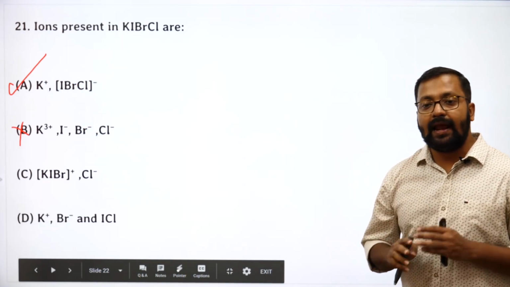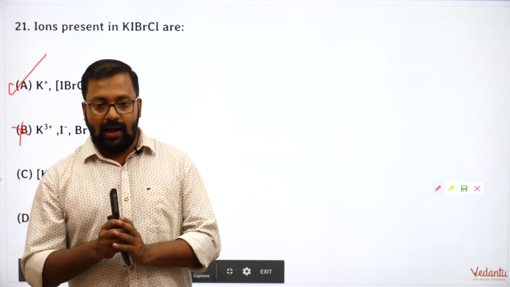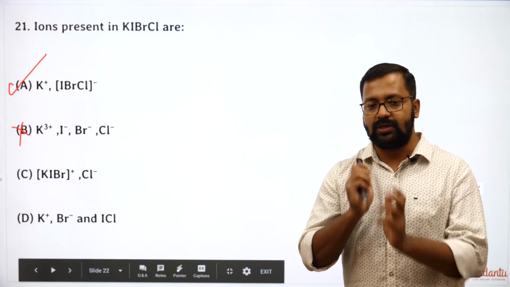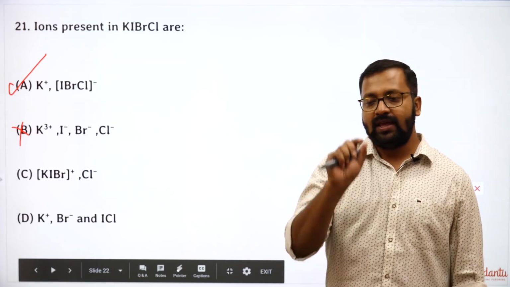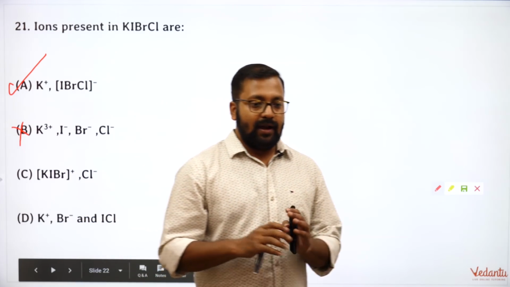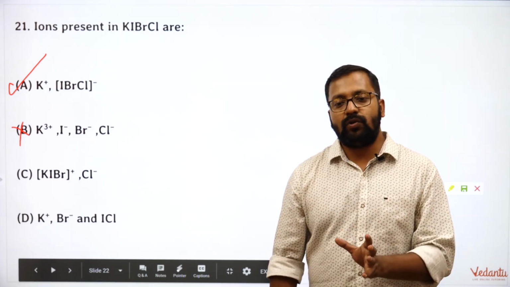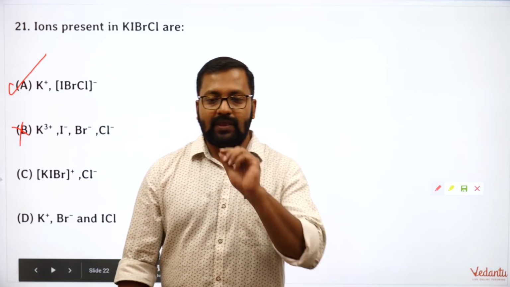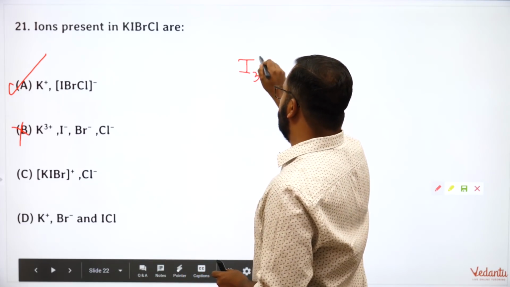IBrCl is a polyhalide anion which is formed along with potassium when this salt is dissociated. So please do remember that IBrCl turns out to be a polyhalide ion. जब भी आप देखो कि पोटेशियम के साथ एक से ज्यादा एनायन प्रेजेंट हैं, एक से ज्यादा हैलाइड आयन प्रेजेंट हैं, तो these halide ions have to turn out to become polyhalide, like KI3. ओके, उसमें 3 आयोडाइड नहीं रहते, उसमें एक ट्राई आयोडाइड आयन रहता है.